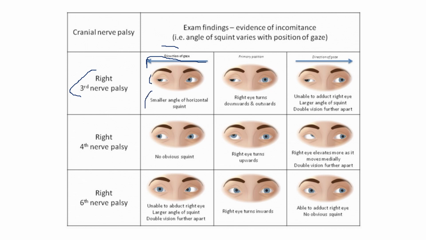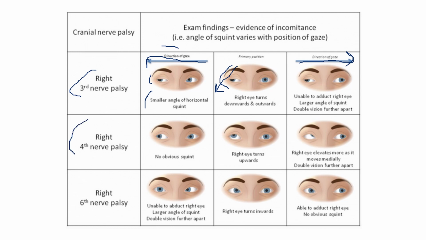And then the right eye turns downward and outward, down and out, remember. And then what happens if they look away from the affected eye, unable to adduct the right eye: larger angle of squint, and double vision further apart.